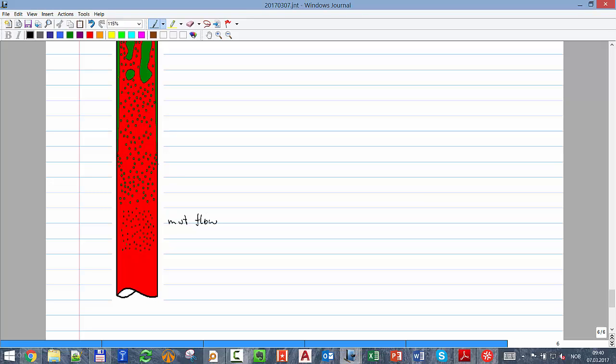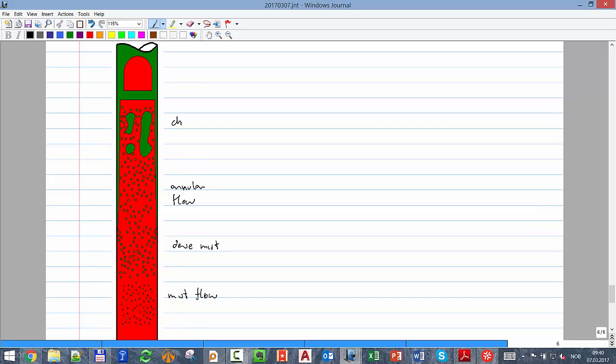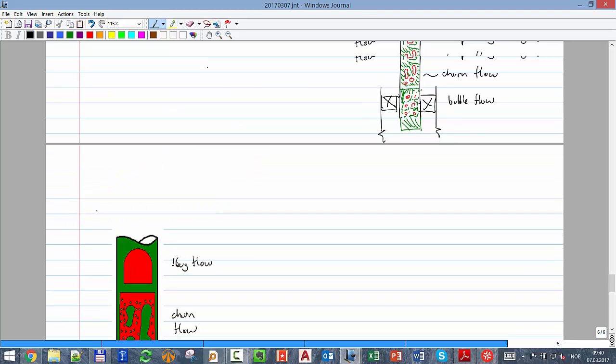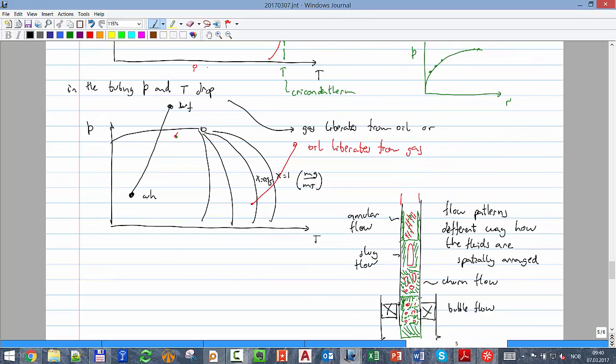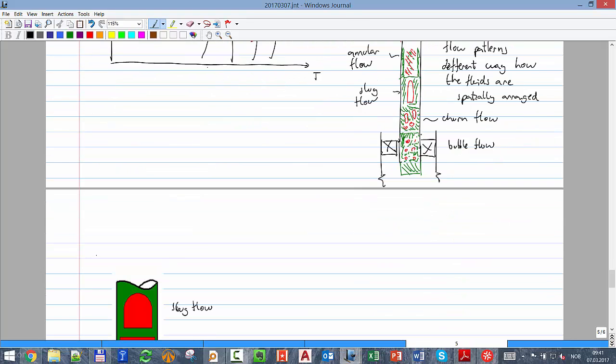Then I have some dense mist, then some annular flow, then some churn flow, and then some slug flow. You might have all of them depending on the pressure, temperature, and how is your envelope, how is your phase diagram.